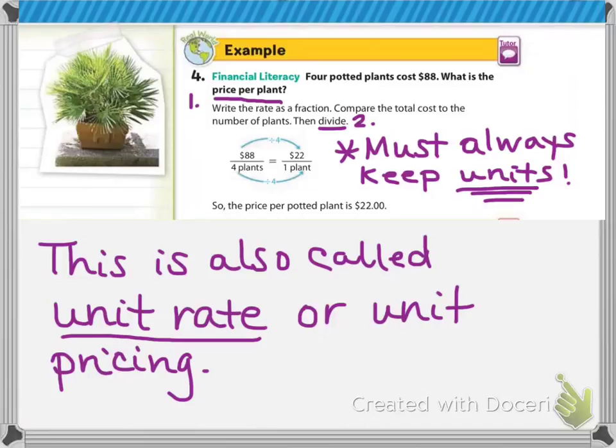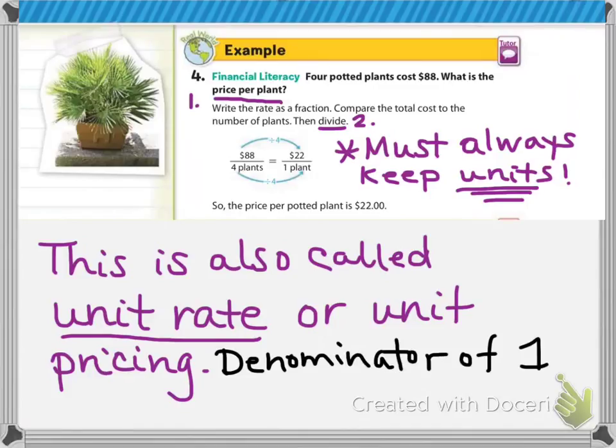You know that you are writing this as a unit rate, and your unit rate, the denominator, is always 1. Okay, important to know. So they're able to say price per plant.